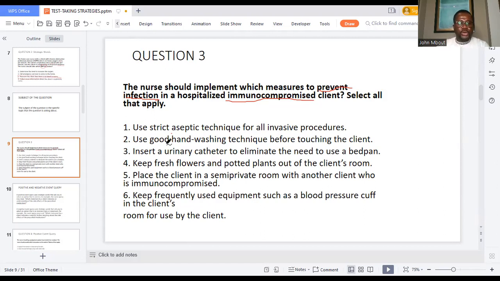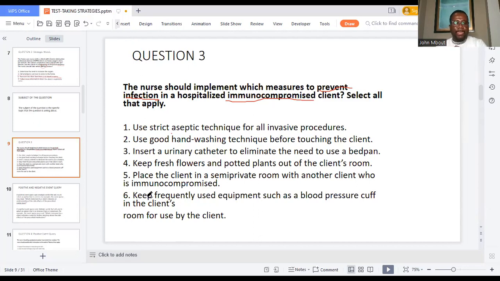Let's go. Use strict aseptic technique for all invasive procedures. Okay. Use good hand washing technique before touching the client. Okay, five moments of hand hygiene. Insert urinary catheter to eliminate the need to use bedpan. Okay. Keep fresh flowers and potted plants out of the client's room. Is it necessary?